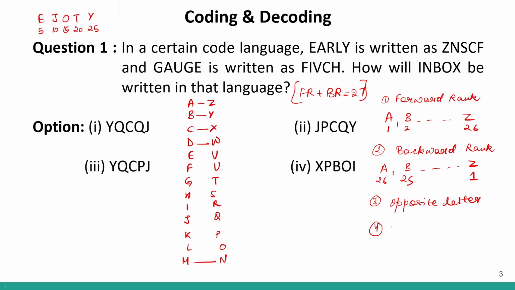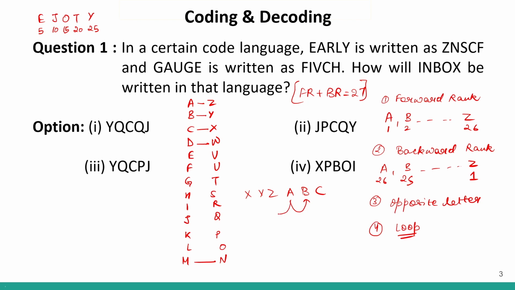And the fourth concept that we use is looping. What do you mean by looping? For example, if I have to go one position forward from A, I can simply go to B, correct? But what if I have to move one position backward from A? We do not have any alphabet before A, since A is the first alphabet.